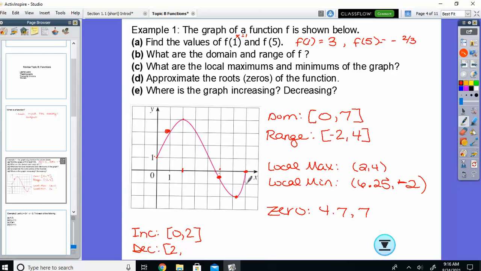Decreases from 2 until we get to about, we called that 6.25. And then what happens after that? It increases again from 6.25 until, where does our graph end? 7. Do you guys remember doing those things on the graph before?